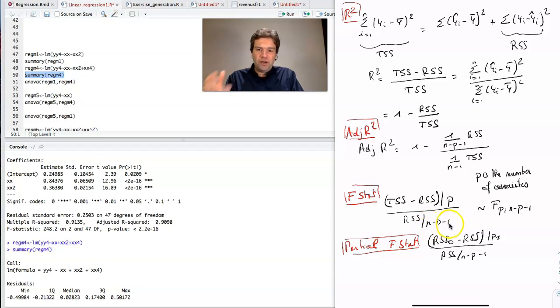This is distributed according to an F distribution with 2 degrees of freedom, p and n minus p minus 1. That enables us, as we already said, to see if a model is interesting or not: if including a full model, beta naught plus beta 1 x1 plus beta 2 x2, plus additional terms if needed, is important with respect to not introducing this model.